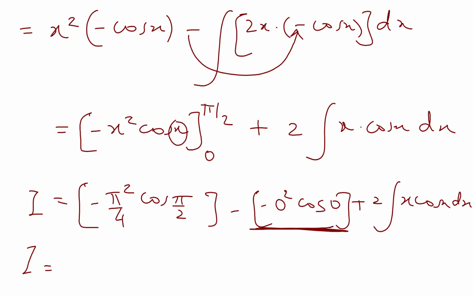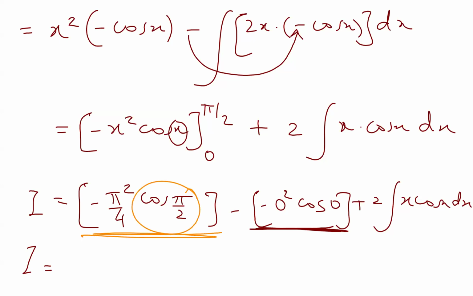What about the first bracket? Those who are attending can tell me. Will you tell me? What about the first bracket? 0, correct, because cos 90 is 0. So the first bracket is also 0.